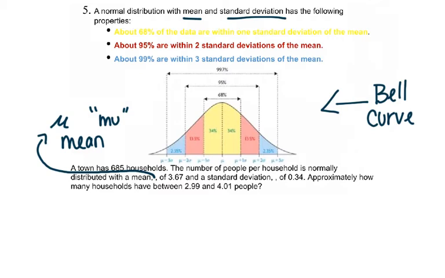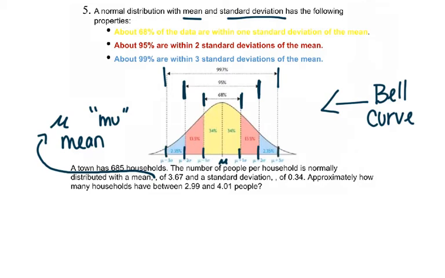About 68% of the data is within one standard deviation, so from here to here, 68% of your data should fall. About 95% of the data is within 2 standard deviations, and 99% of the data is going to be within 3 standard deviations. So right here is mu, that's your mean, and if you go over here or over here, you move 1 standard deviation away from the mean. If you're here or here, you're 2 standard deviations, and if you're here or here, you're 3 standard deviations.